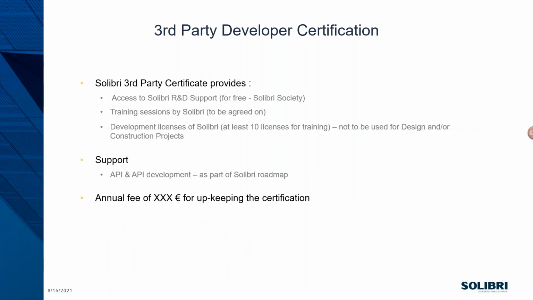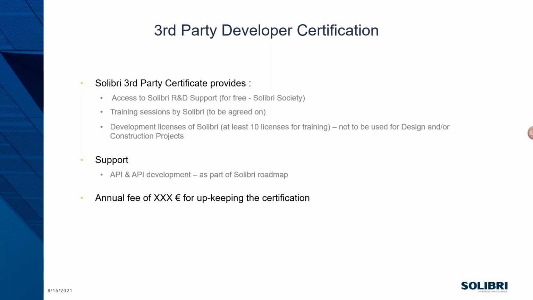The certification will provide the third-party developer access to Solibri R&D support, which will be free on our Solibri Society. There could also be extra training sessions to be agreed between the third-party developer and Solibri.